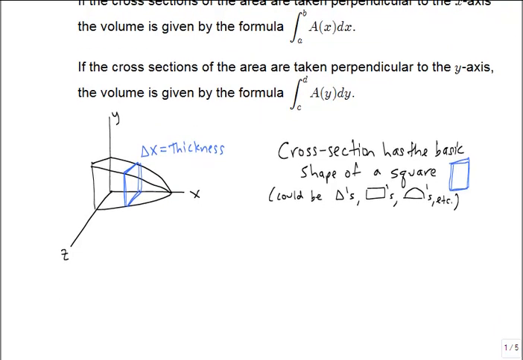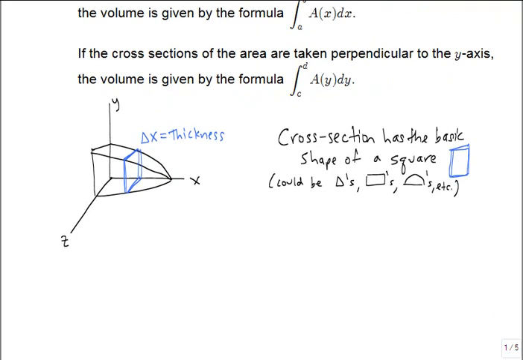So for example, suppose that we have this shape here, this three-dimensional shape. You can visualize these cross sections here. I'm taking the cross section perpendicular to this x-axis. So it's crossing that x-axis, and the thickness of this little cross section is what I'm going to call delta x.